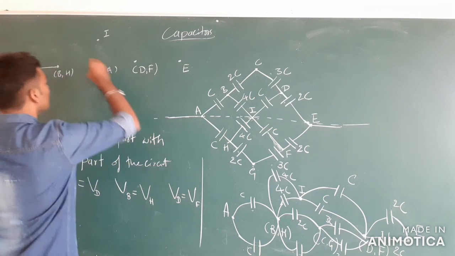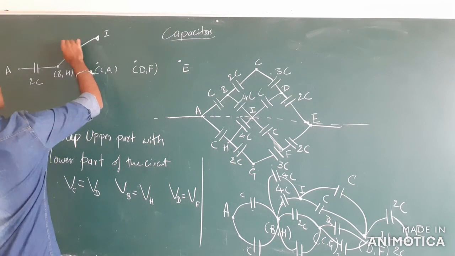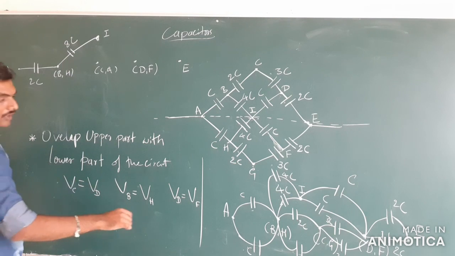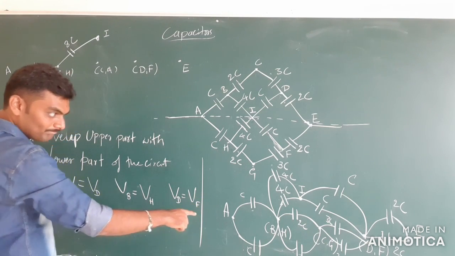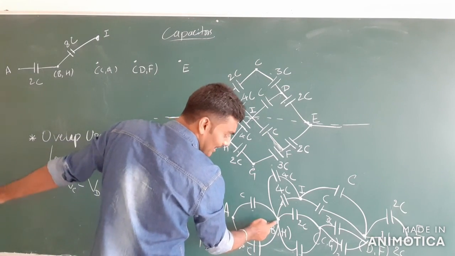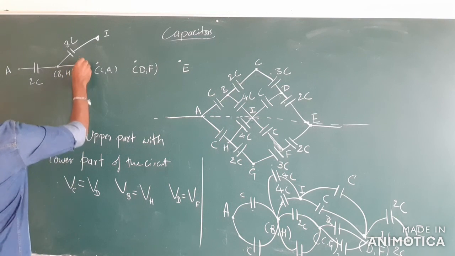From B to I, 4C plus 4C, 8C. And from BH to CG, 2C and 2C in parallel, so it is 4C.